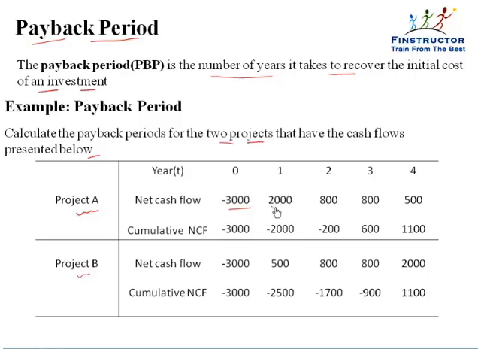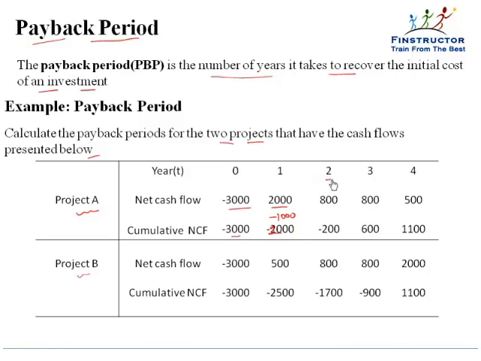At the end of year 1, we get back $2,000. So how much is remaining now? I've already received $2,000, so what is remaining is another $1,000 because I invested $3,000 and $2,000 has come back. So $1,000 is remaining.